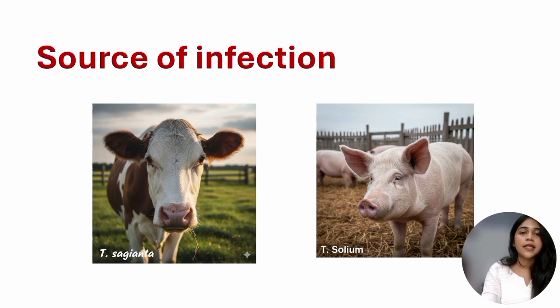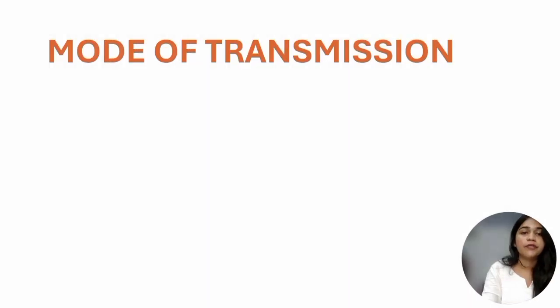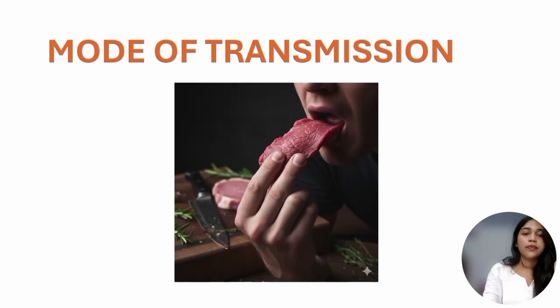Next is the mode of infection, how this infection is transmitted: by eating undercooked or raw meat or beef. Beef contains larvae known as Cysticercus bovis.